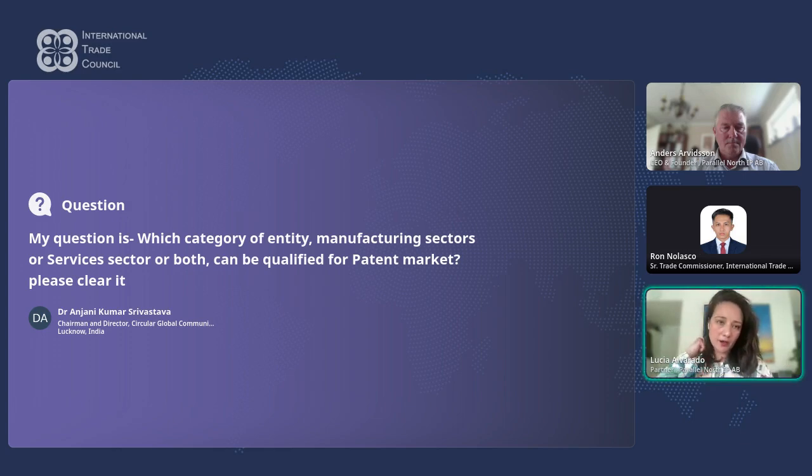Maybe one remark to mention is that when thinking about hardware and software, this is a good distinction to make, because at least in the US, which is the biggest market for patent monetization, hardware patents are the ones most sought after.